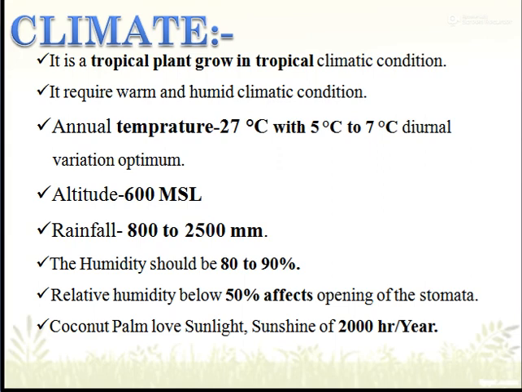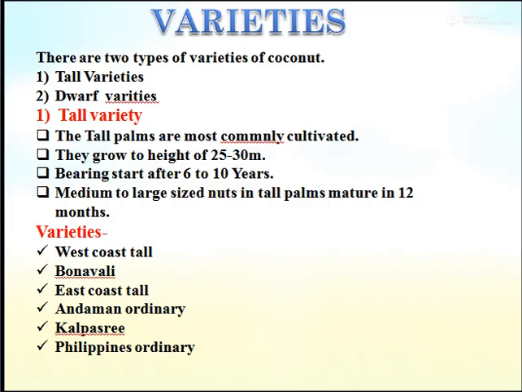Then varieties of coconut. There are two types of varieties, tall varieties and dwarf varieties. The tall varieties of coconut are most commonly cultivated. The height is about 25 to 30 meters. Bearing starts 6 to 10 years after planting.